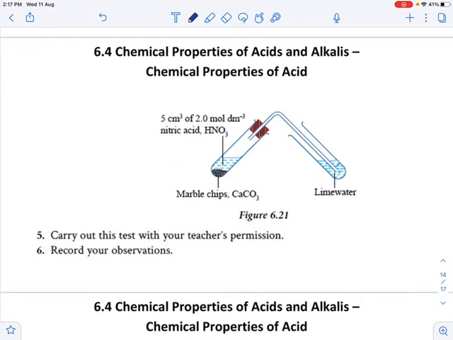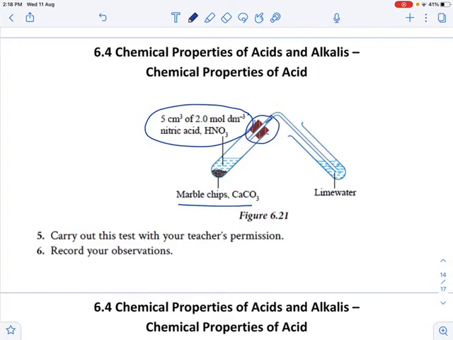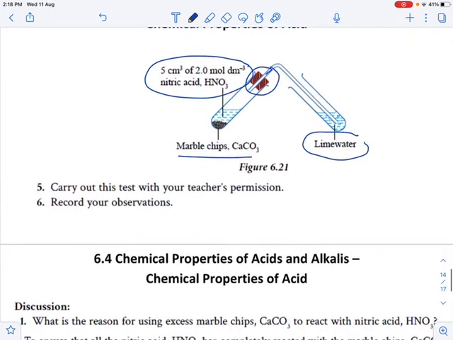Okay, in a test tube, pour 5 cm³ of 2.0 mol dm⁻³ nitric acid and put in marble chips, and then close the test tube with a stopper, and the gas released flows into lime water. Okay, so first write the chemical equation.